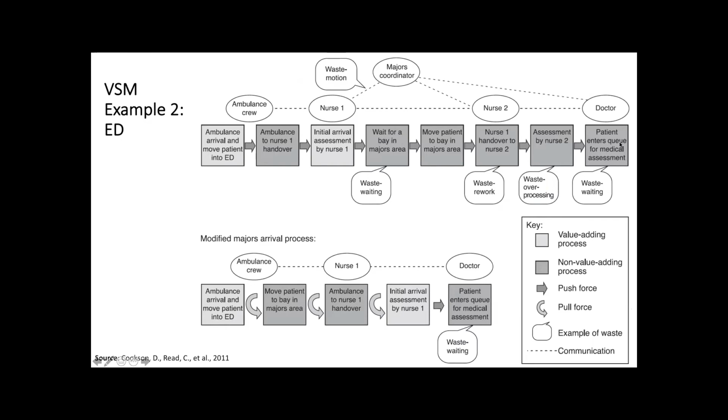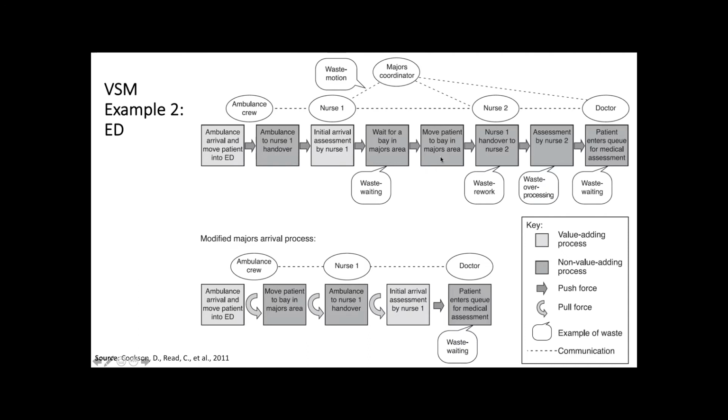So first let's look at the top operation. So that's actually the current state of the system. So the ambulance arrive and move patient into emergency department. And then the ambulance hand over the patient to nurse one. Nurse one performs the initial assessment on the patient and then waits for an opening in the majors area.